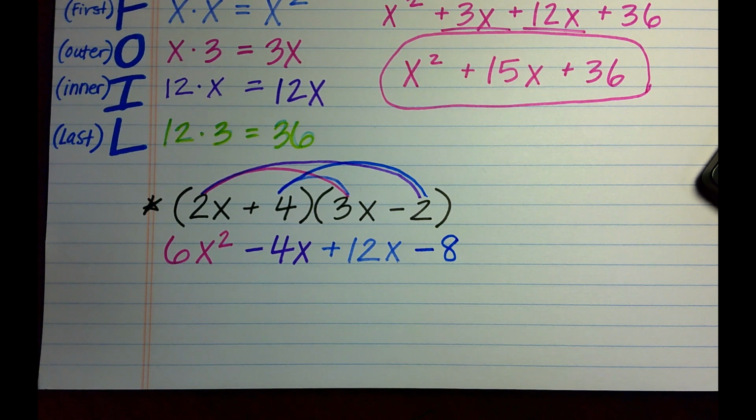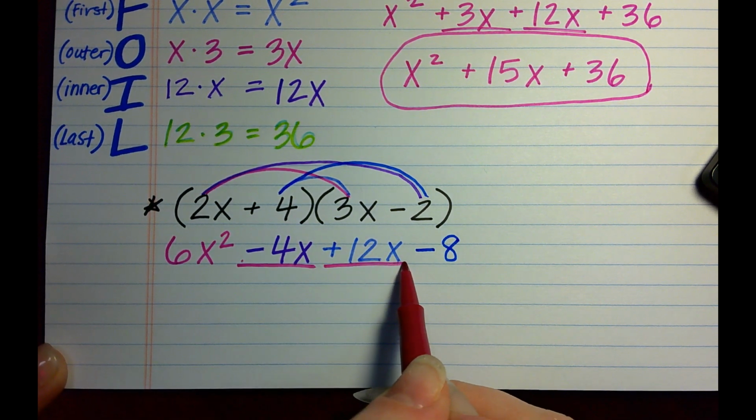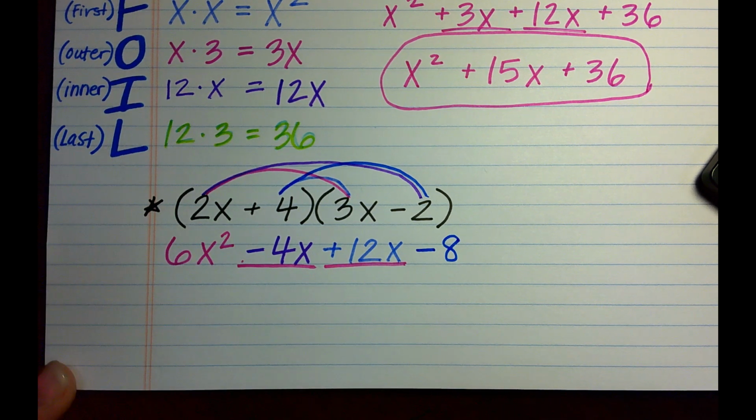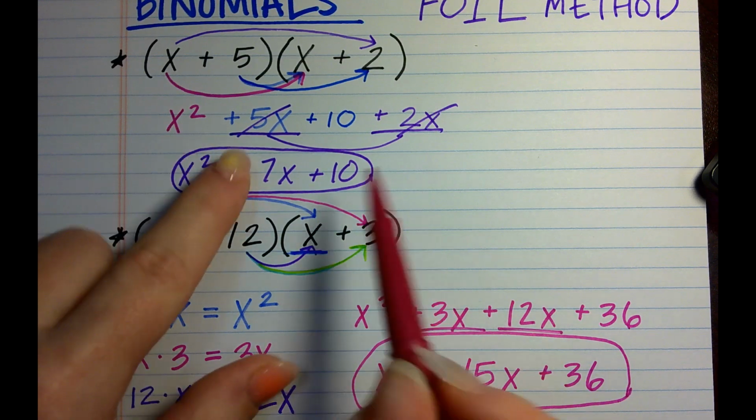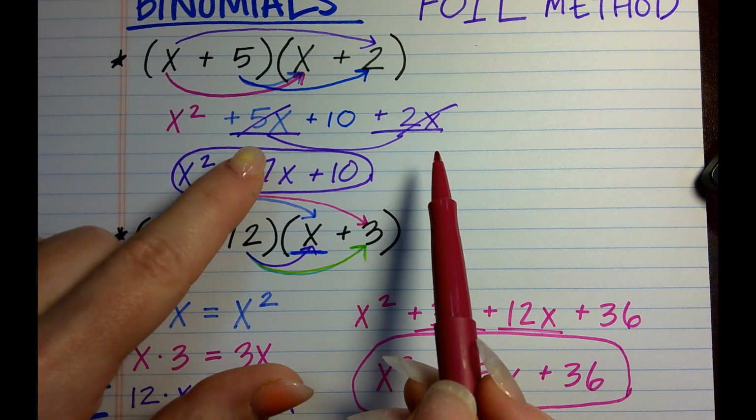Okay, so we have done the FOIL. What's left to do next? We want to combine our like terms. If you use the FOIL method, it will always be the two middle terms. If you do it in a different order, it might be different. Like in our first problem, we didn't do the FOIL method, that's why our like terms were in separate places.